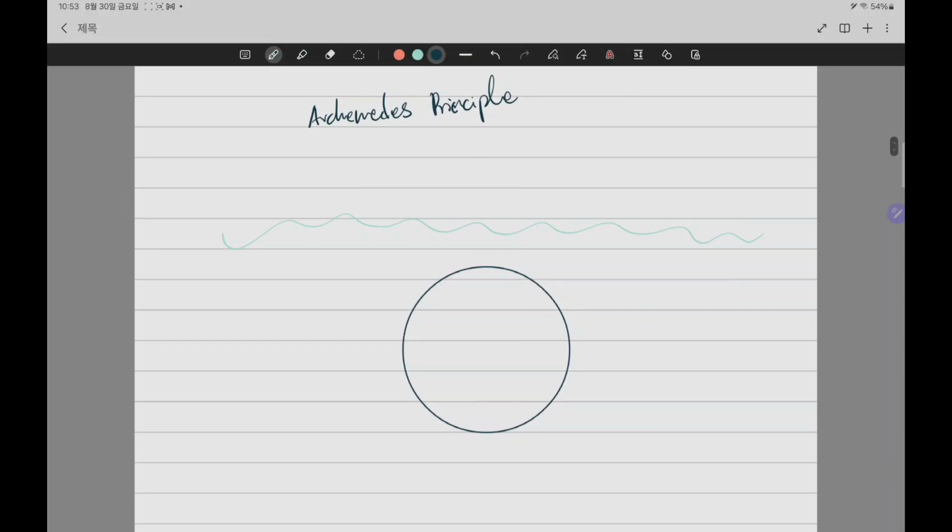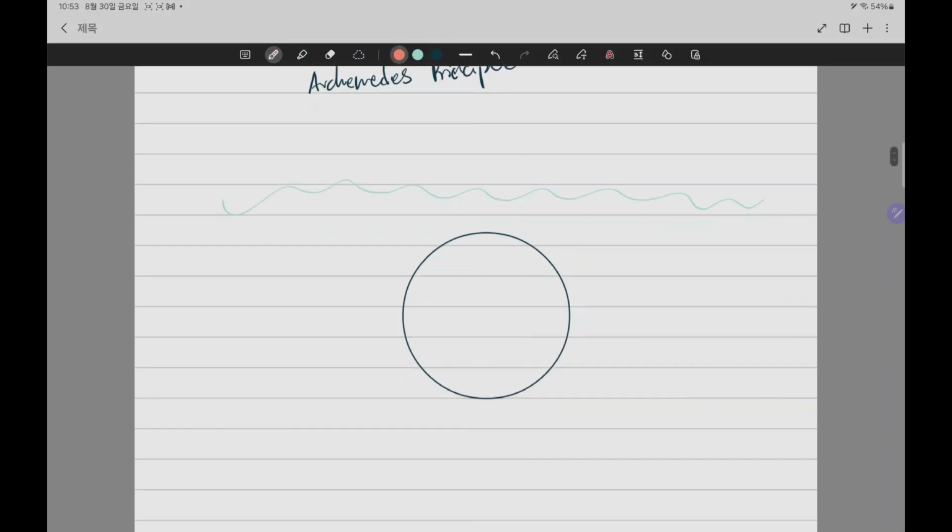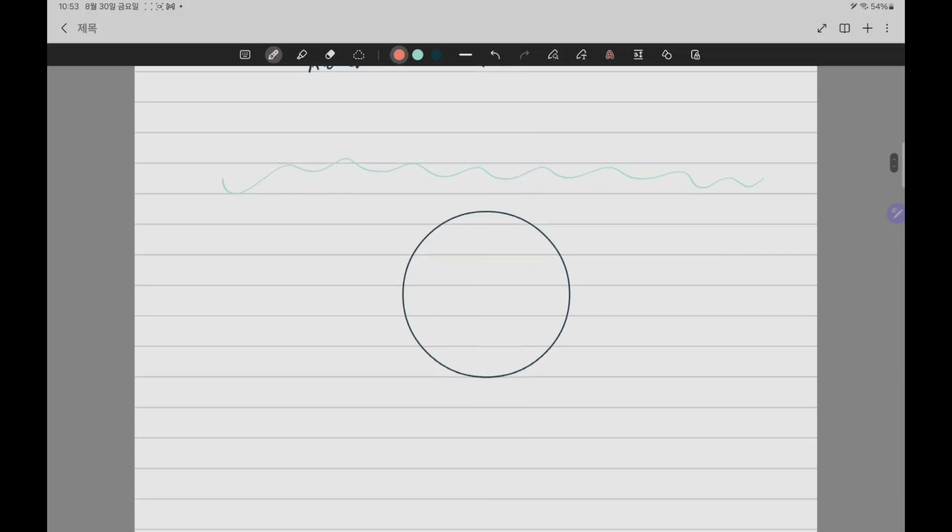Now, to consider why this ball doesn't just randomly sink, we have to consider the forces. If you're familiar with Newtonian physics, this should be very obvious to you. Even if you're not, just follow me. So what are the forces acting on this ball? Well, first of all, we assume that we are on planet Earth, so we have gravity facing downwards.